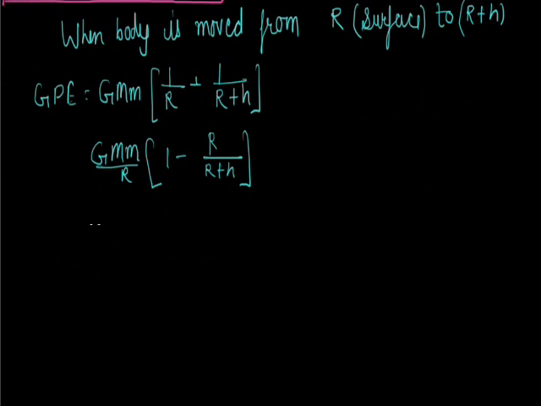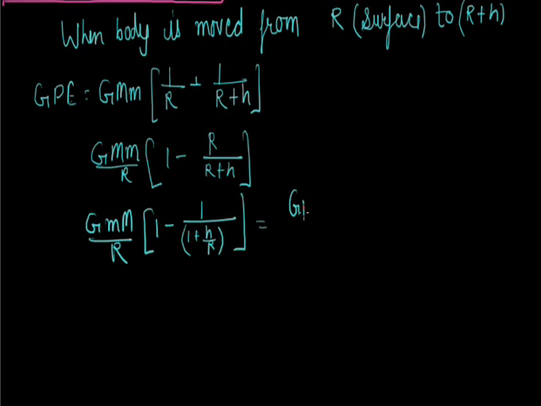Here GMm by R (1 minus 1 upon 1 plus h by R), which is GMm by R (1 minus (1 plus h by R) whole power minus 1).